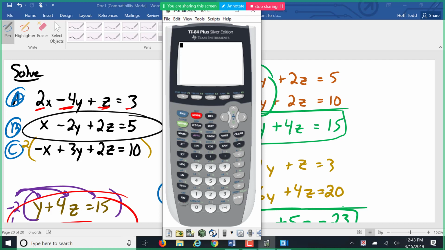We get out of there, and then we got to do matrix math. RREF for reduced row echelon form of matrix A. And there we get the 11 2/3, 5 2/3, and 2 1/3.